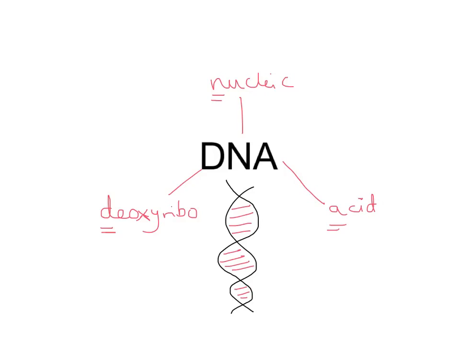So let's think about what actually comprises this DNA strand. If I draw them as a few different shapes, we've got here a big blue ring. This is going to represent our phosphate.